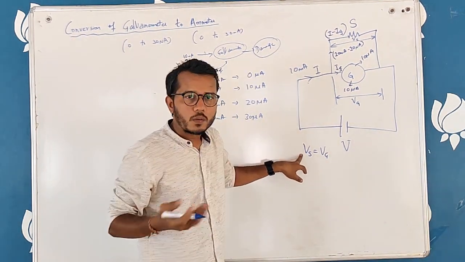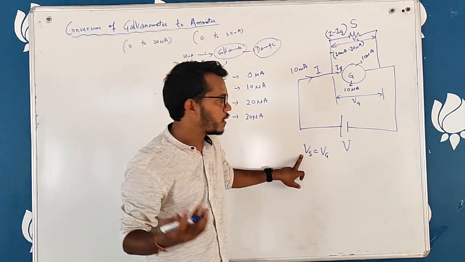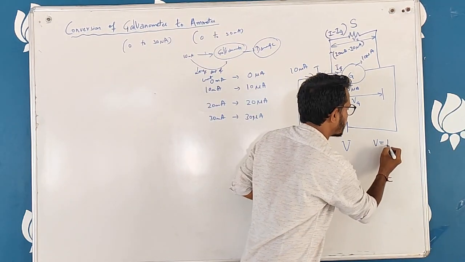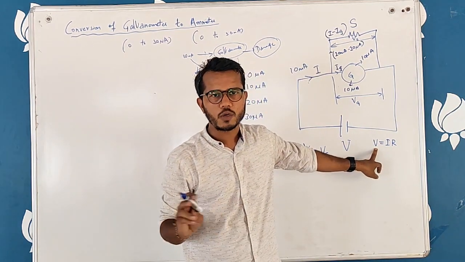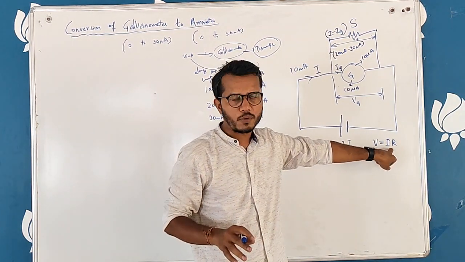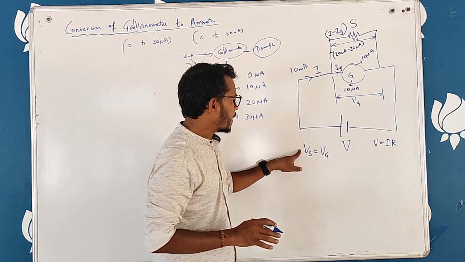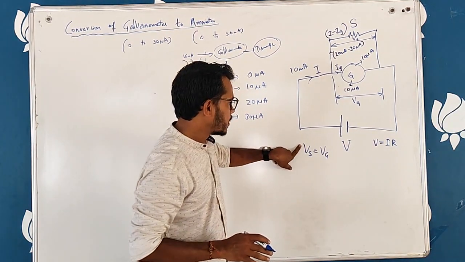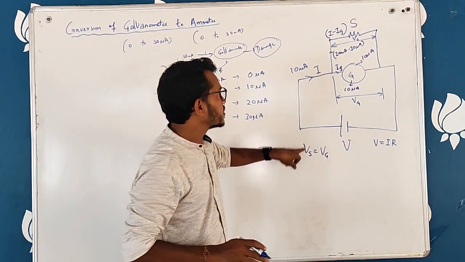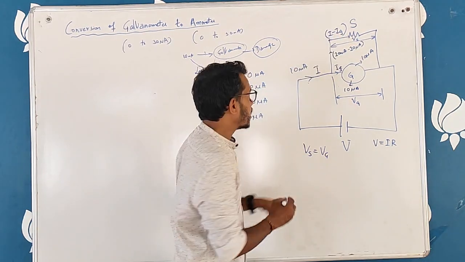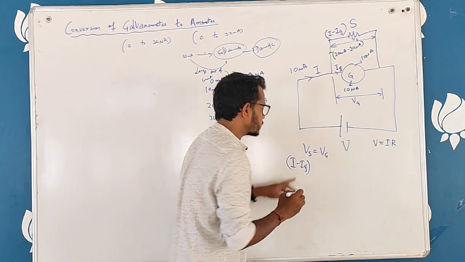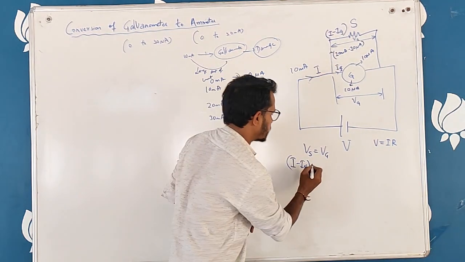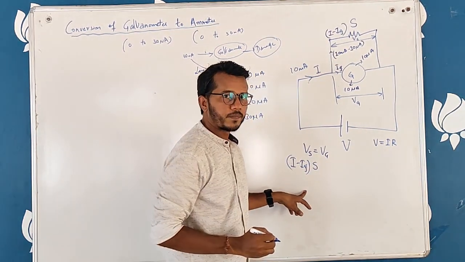According to Ohm's law, the current flowing through a conductor is directly proportional to the potential drop across the conductor. So V equals IR, and with the help of this equation, the current flowing through this shunt resistance is I minus Ig, and the resistance value is S.